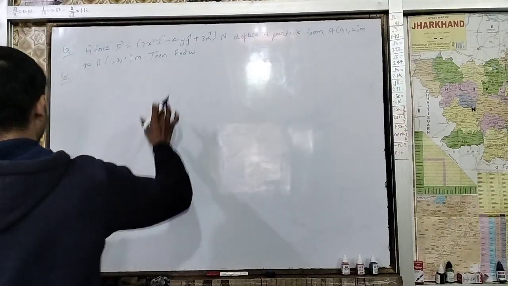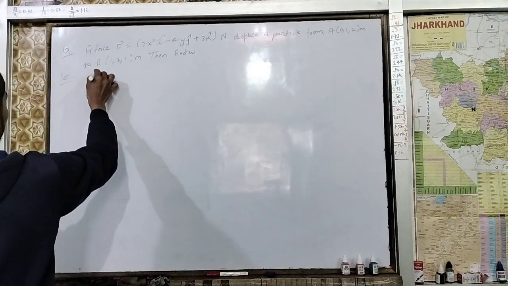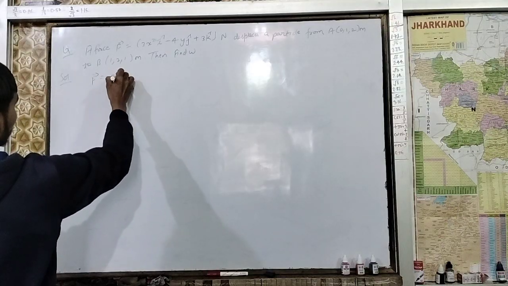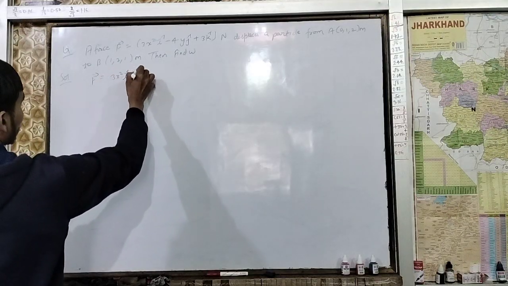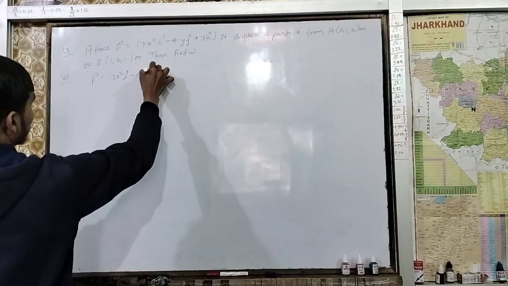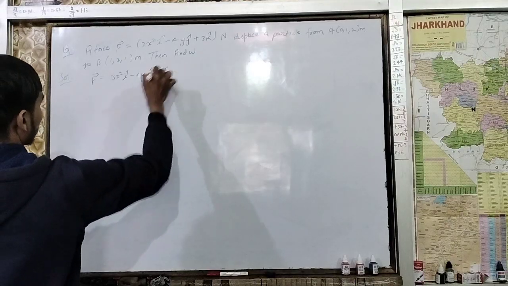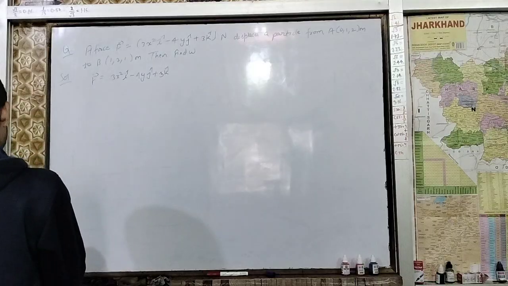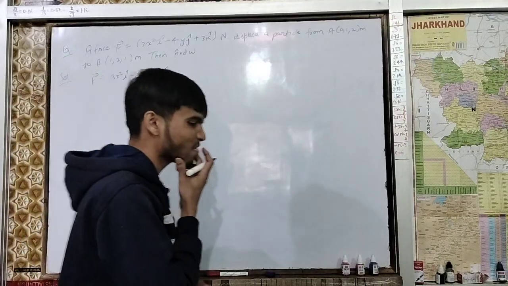Look at over here, we already have a force: 3x square i cap minus 4y j cap plus 3 k cap. This is our force. Clear? It is asking for work.